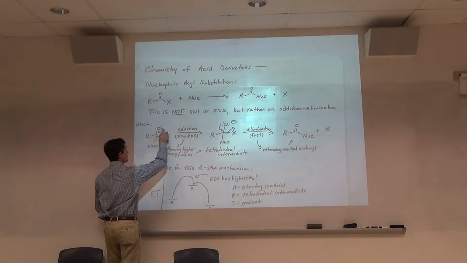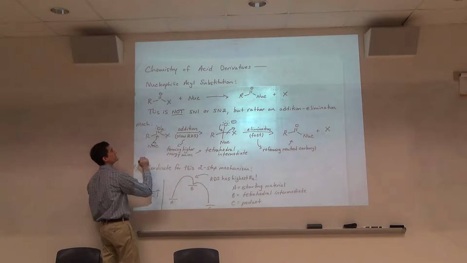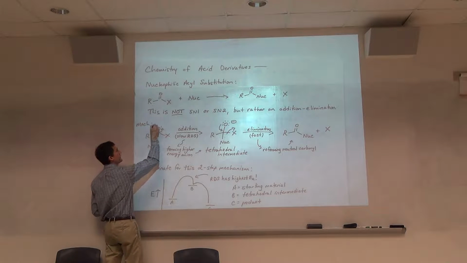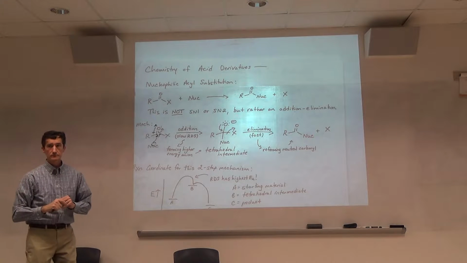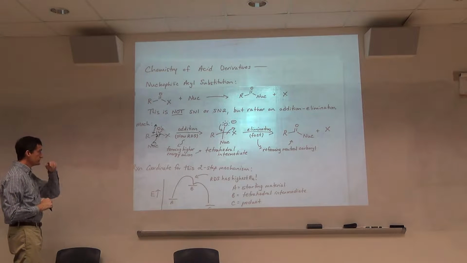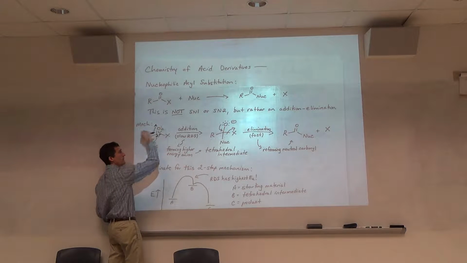Why would it add to this carbonyl? Nucleophile typically is going to have a lone pair. Well, you got a dipole here, and so there's partial plus on this carbonyl. Electrons add to the carbon, electrons move up onto oxygen.